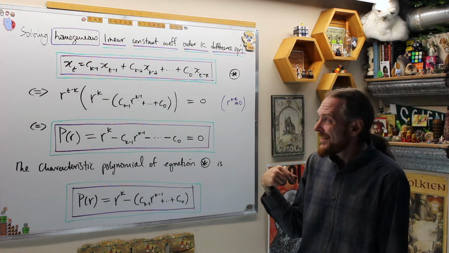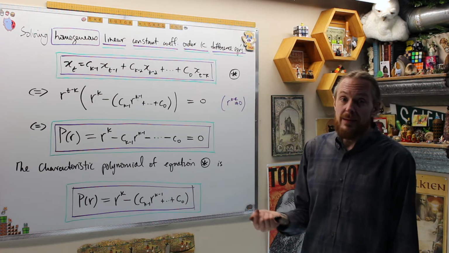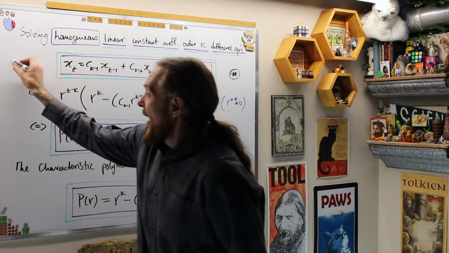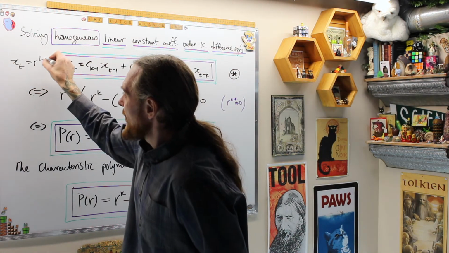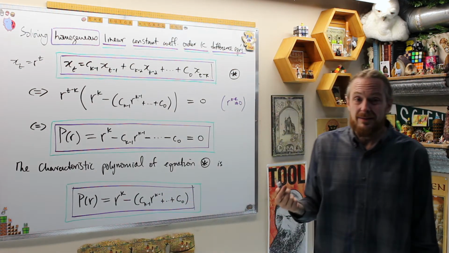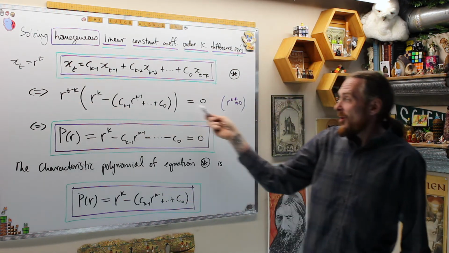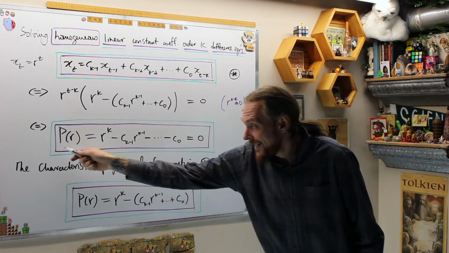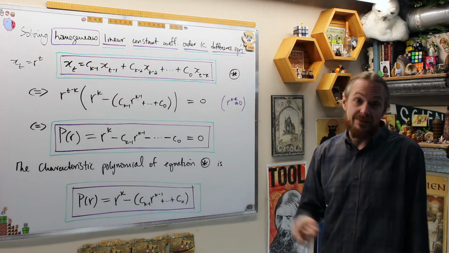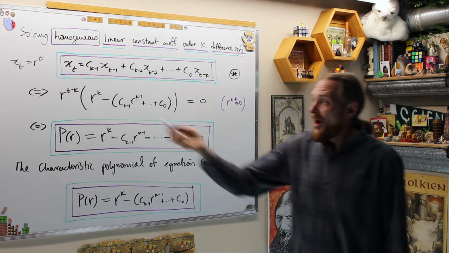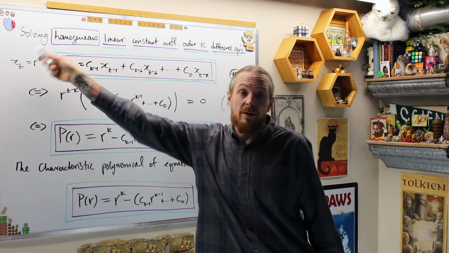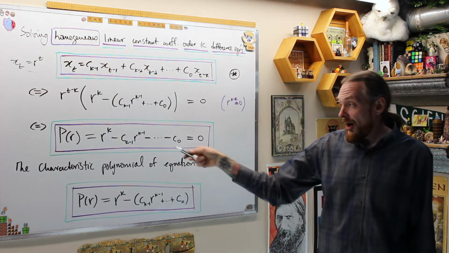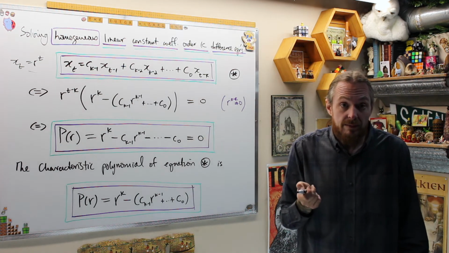What that tells us again is if we assume that x_t equals r to the t is a solution, it is a solution if and only if this polynomial is 0, but this can't be 0, so if and only if this characteristic polynomial is in fact 0. And what that says is r is a solution for our difference equation if and only if r is a root of this characteristic equation.